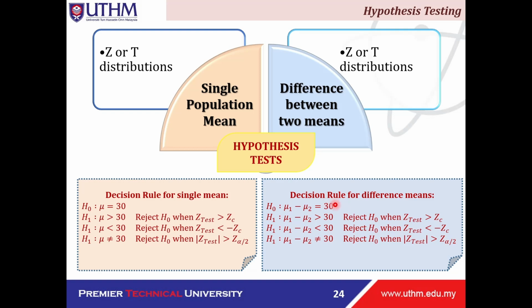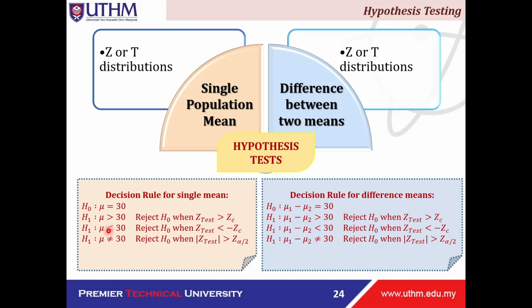Versus the alternative hypothesis, for single mean, you may have H1 where mu greater than 30, or left tail mu less than 30, or two tails mu not equal to 30. For mu greater than 30, the right tail, you reject H null when the Z test is greater than Z critical, or the T test greater than T critical.